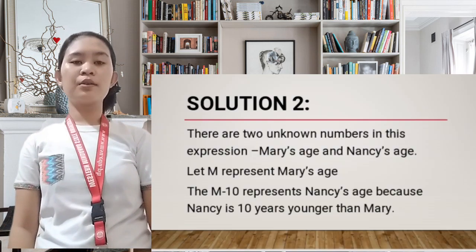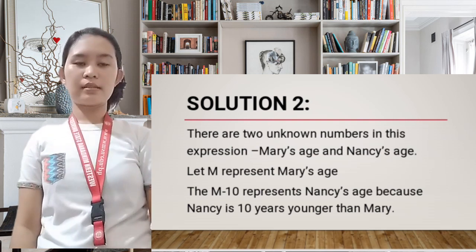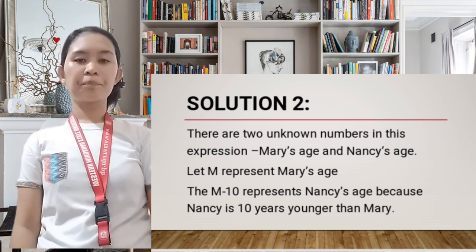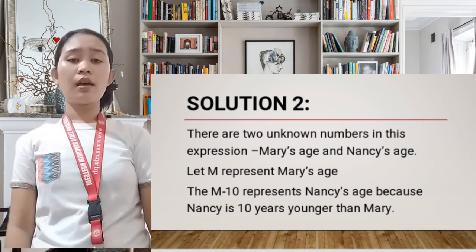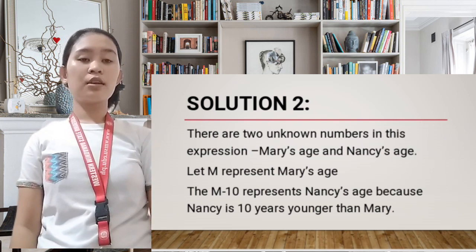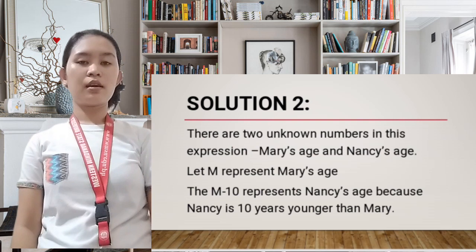Solution number 2: there are 2 unknown numbers, Mary's age and Nancy's age. Let m represent Mary's age. Then m minus 10 represents Nancy's age because Nancy is 10 years younger than Mary. So that's why n plus 10 and m minus 10 represent Mary's age and Nancy's age.